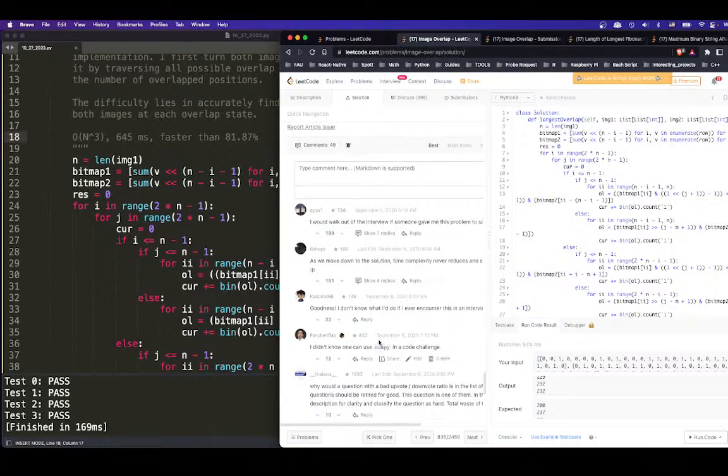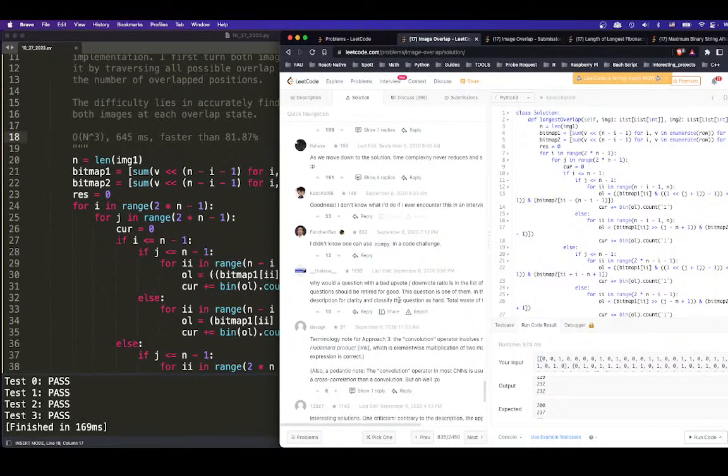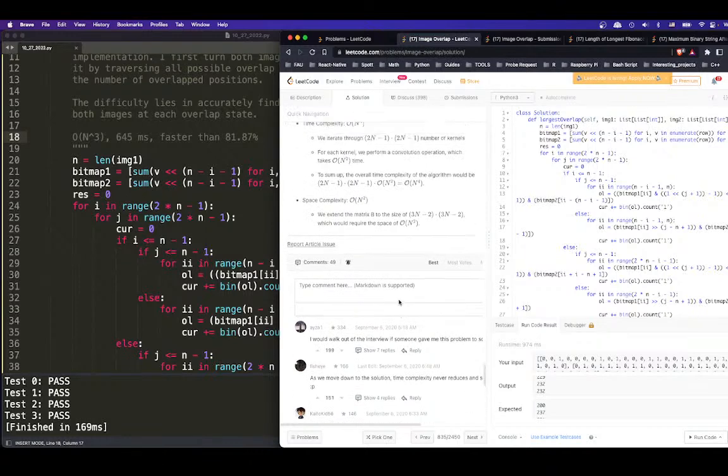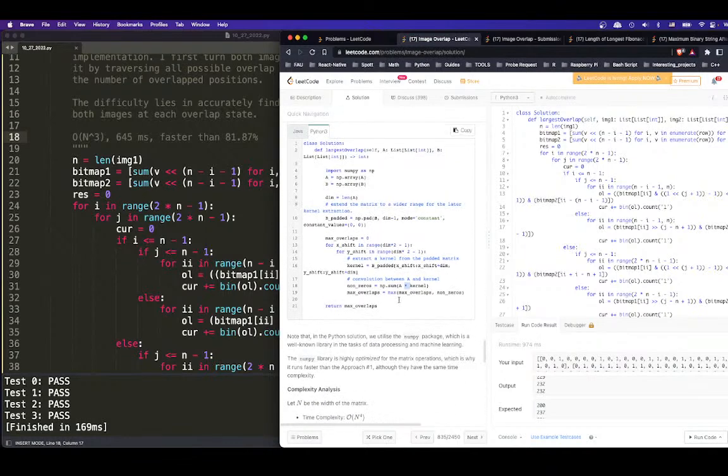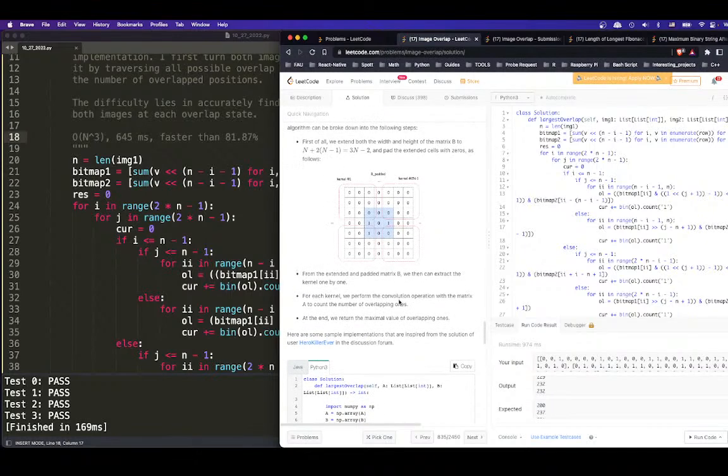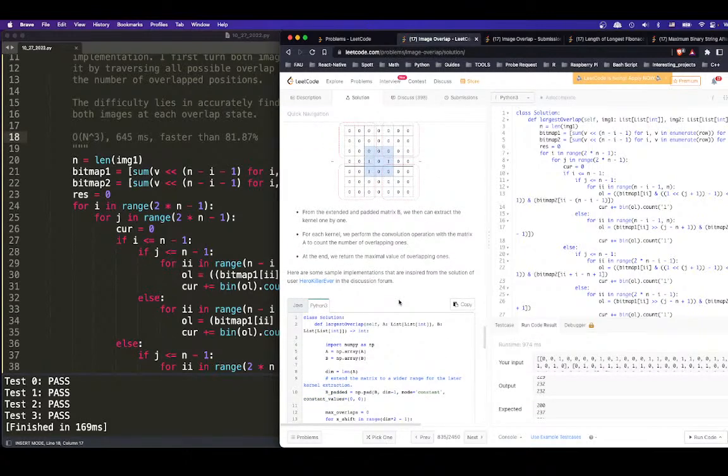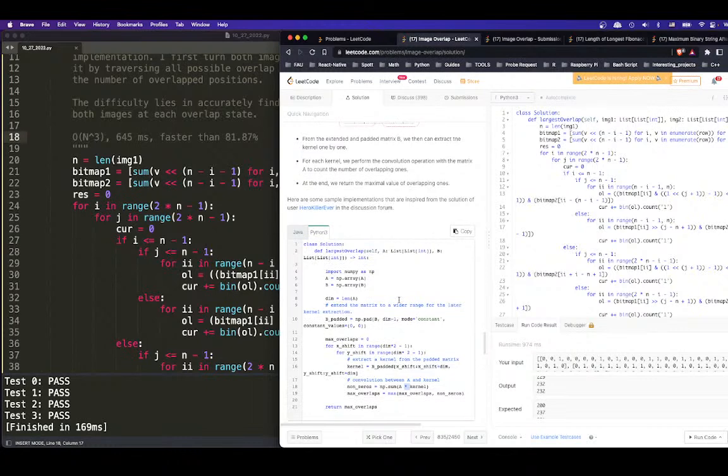Completely forgot. I was in this before. B gets padded.